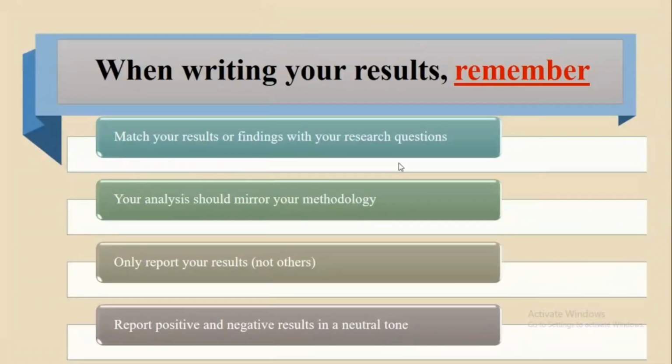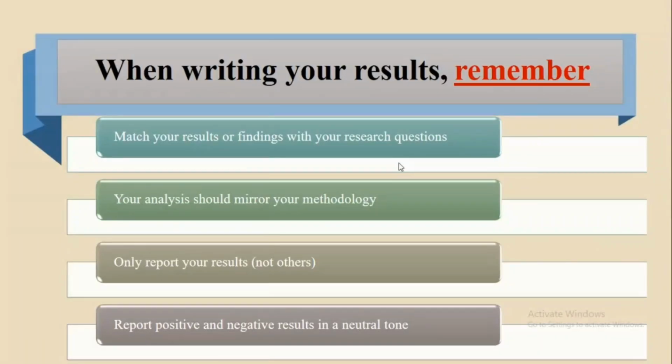When writing your results, remember, you should match your results or findings with your research question. Never use irrelevant results. Your analysis should mirror your methodology. So you can't, for example, in your methodology say that we will use the quantitative tools, the quantitative methods, the quantitative instruments, and then in the results section, you start writing about themes, about codes, for example, which Dr. Mariam will talk about, how to report qualitative results.